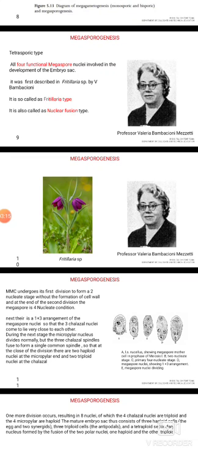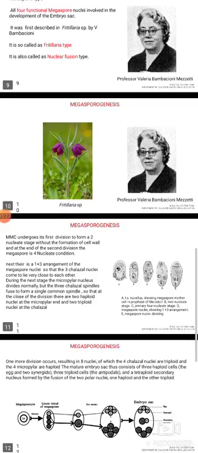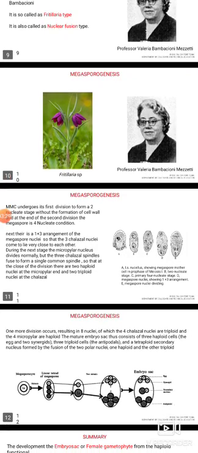During the next stage, the micropylar nucleus divides normally, but the 3 chalazal spindles fuse to form a single common spindle, so that at the close of the division there are 2 haploid nuclei at the micropylar end and 2 triploid nuclei at the chalazal end.